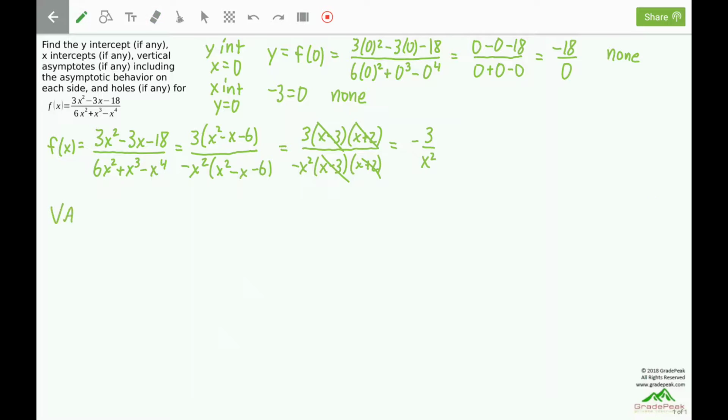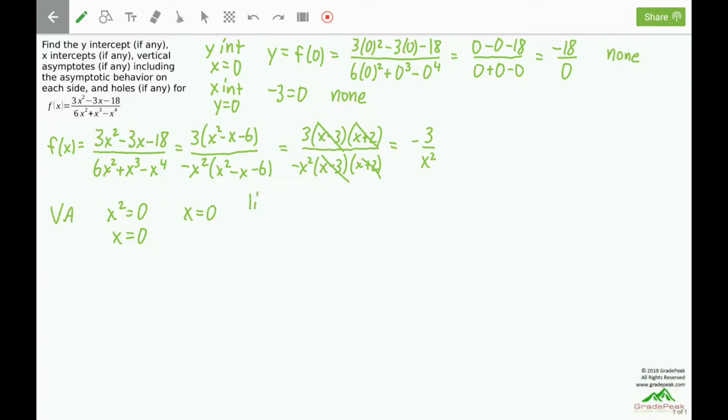The vertical asymptotes are found by taking the denominator in the fully factored canceled version, setting it equal to 0, solving for all x's. Square root of both sides gives a 0. So we have x equals 0 as the vertical asymptote.